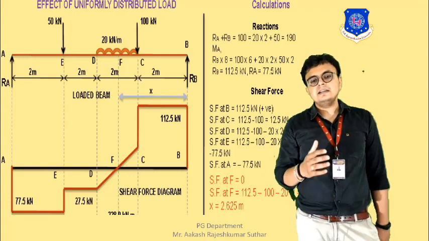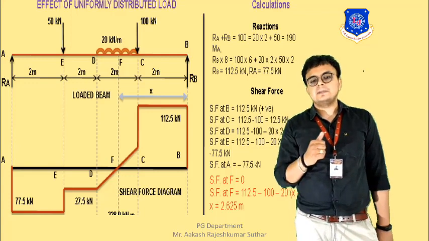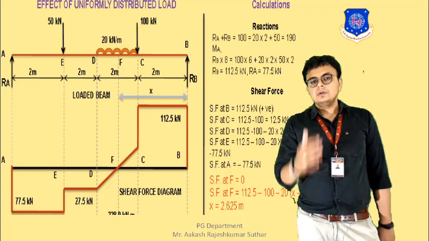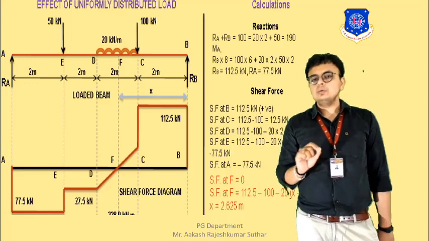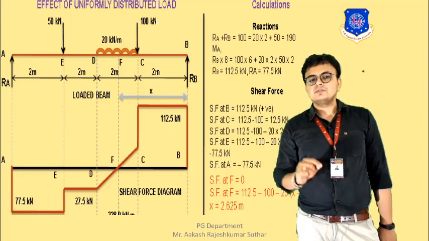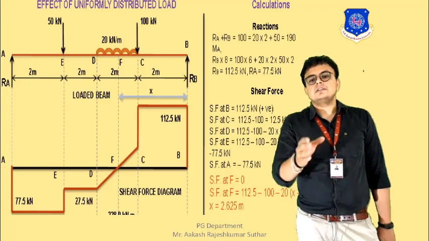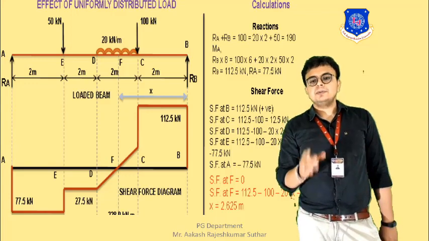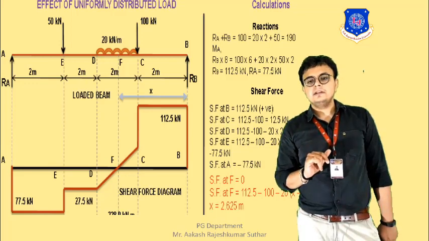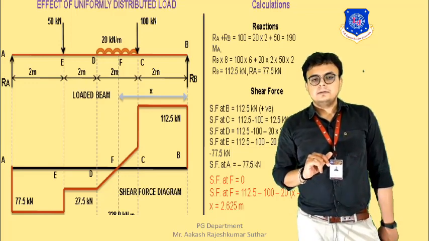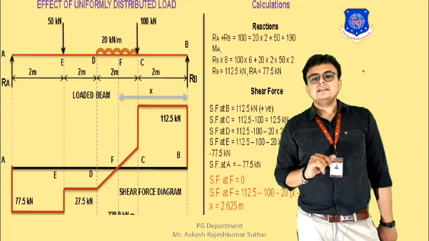The UDL is for the 2 meter span, so ultimately we have to convert it into a concentrated load. So 20 into 2, and the distance will be from the center, that is from F. So it will be 2 plus 2 plus 2, that is equal to 6, plus 50 into 2.